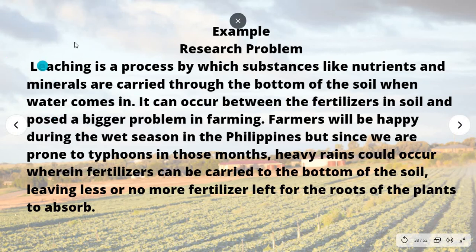It can occur with fertilizers in soil and pose a bigger problem in farming, because farmers will be happy during the wet season in the Philippines, but since we are prone to typhoons in these months, heavy rains could carry fertilizers to the bottom of the soil, leaving less or no fertilizer left for the roots of the plants to absorb.